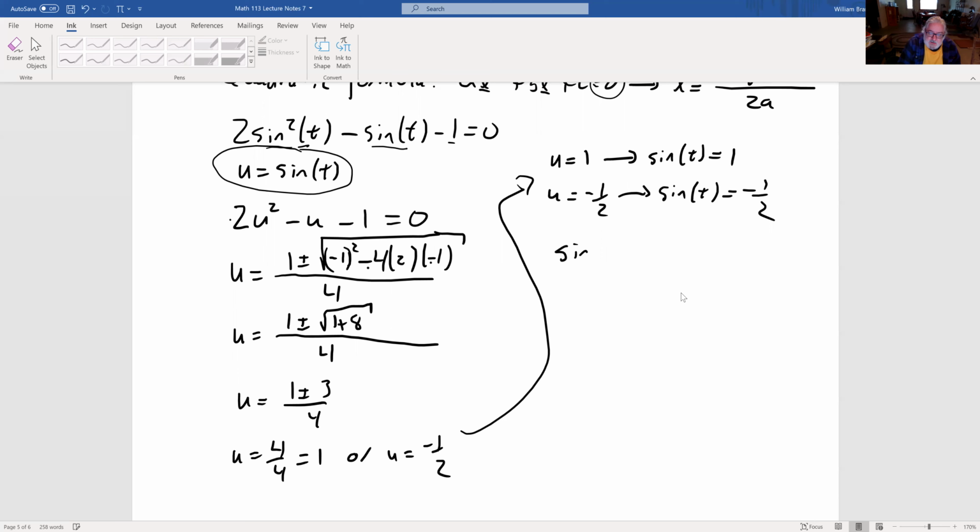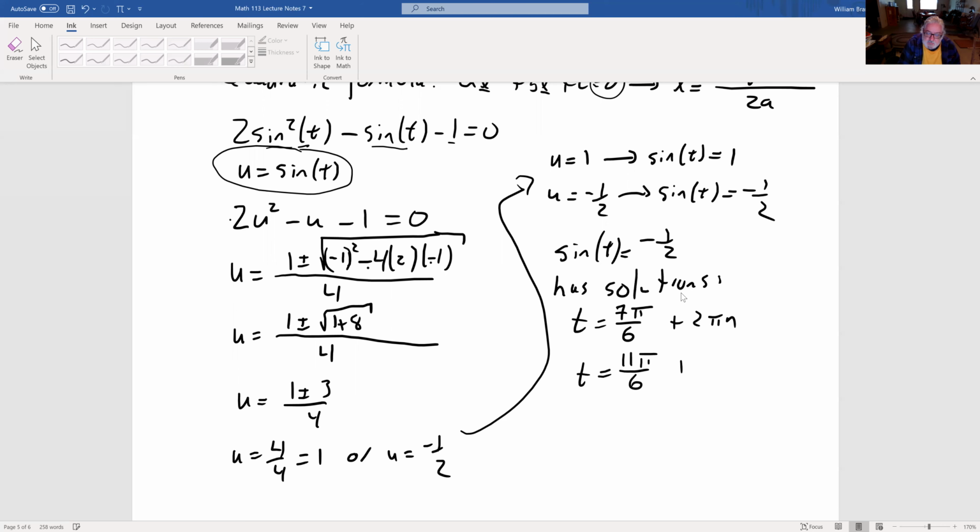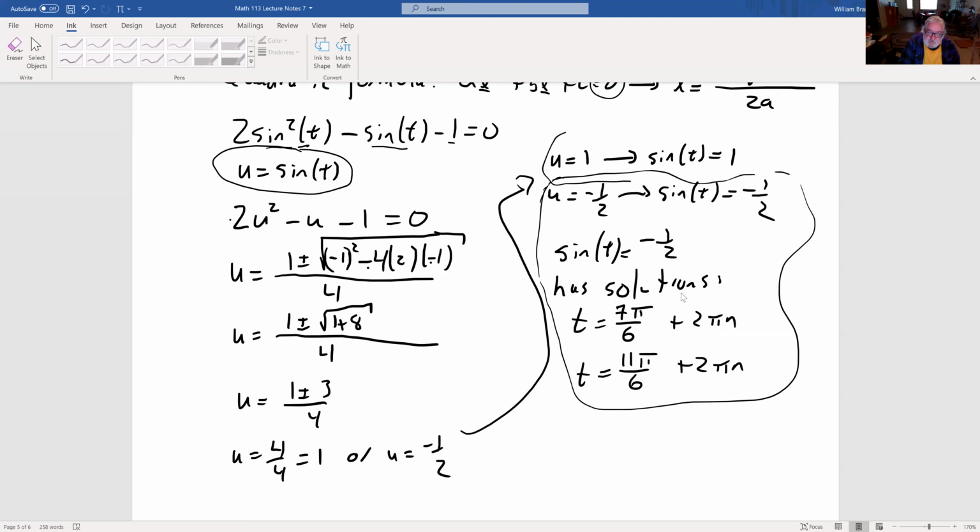So sine t equals minus 1/2 has solutions t equals, was it 7 pi over 6 plus 2 pi n, or t equals 11 pi over 6 plus 2 pi n. That takes care of that set of solutions.